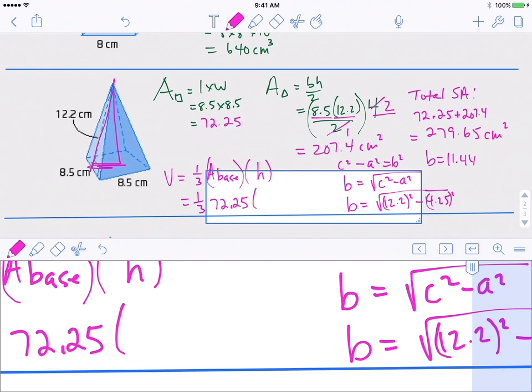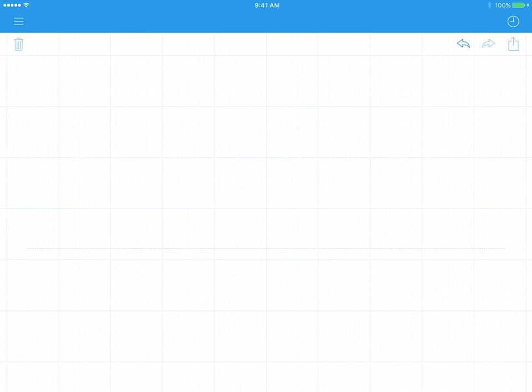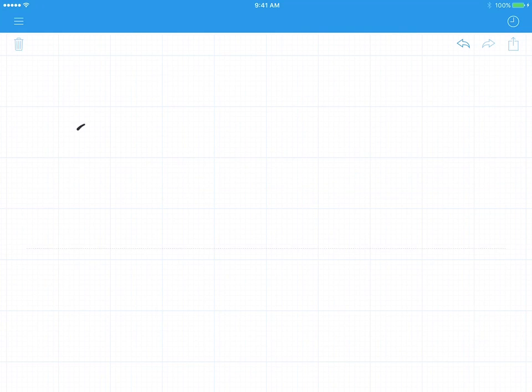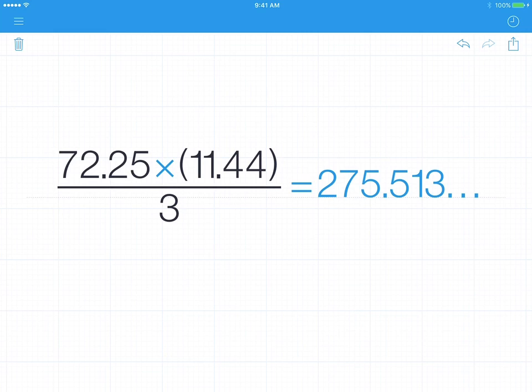We multiply by height and say 72 1/4 times 11.44, divided by 3, which is really multiplying by 1/3.